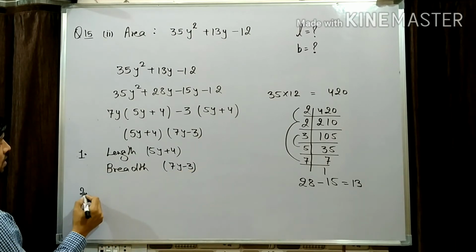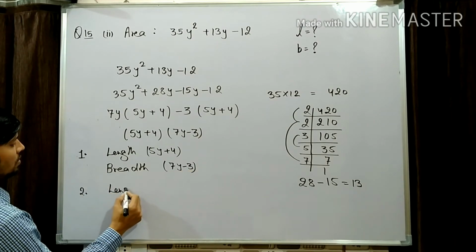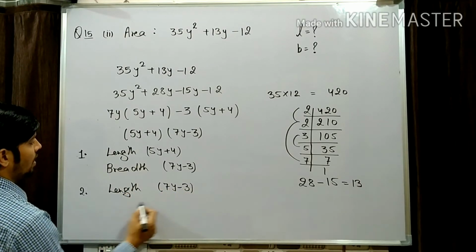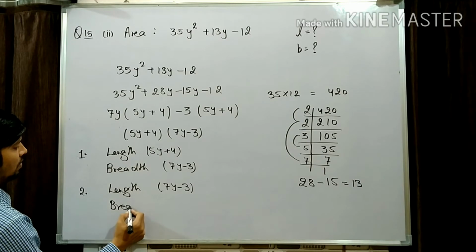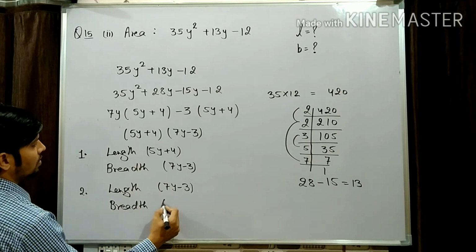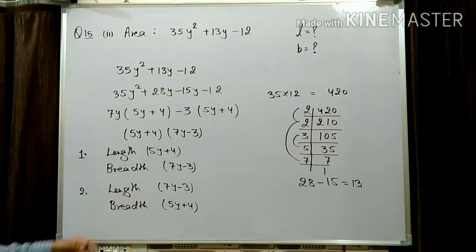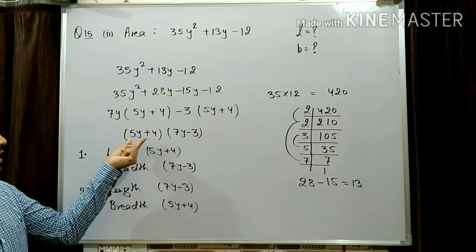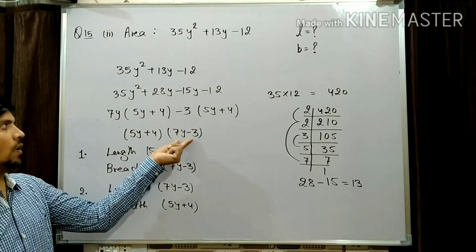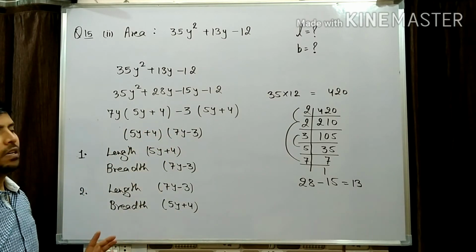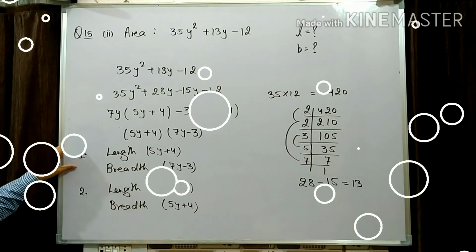Or the second possible answer, we can say the length would be 7y minus 3 and the breadth would be 5y plus 4. The two factors we have here, we can say this is length, this is breadth, or this is breadth, this is length. Both we can take. So we got two possible answers.